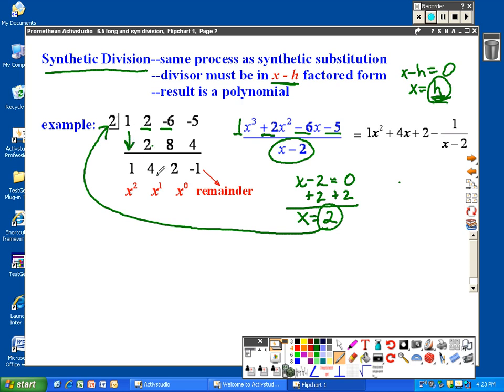Add, 4. 4 times 2 is 8. Add, 2. 2 times 2 is 4. Add negative 1. This is my remainder. This becomes my remainder, x to the 0, x to the 1, x squared. So my polynomial is 1x squared plus 4x plus 2 minus 1 over x minus 2.